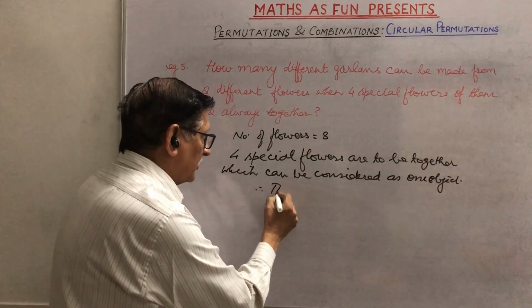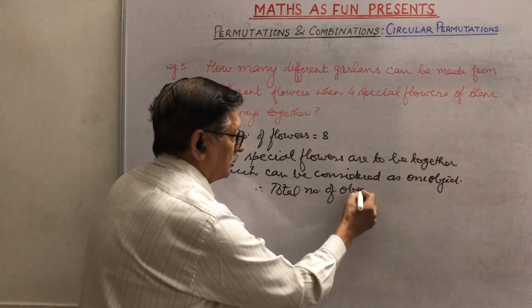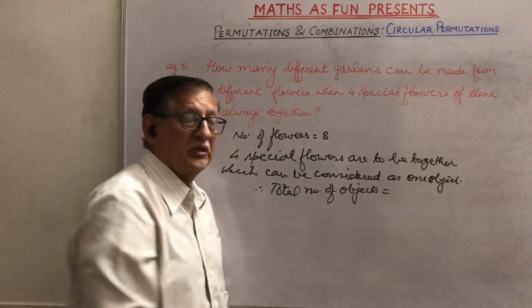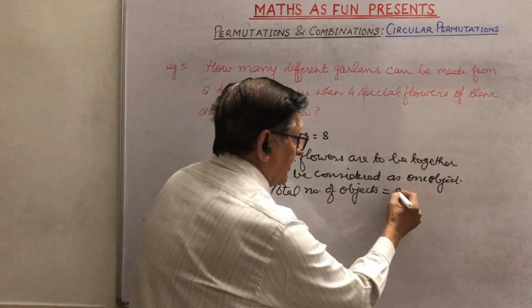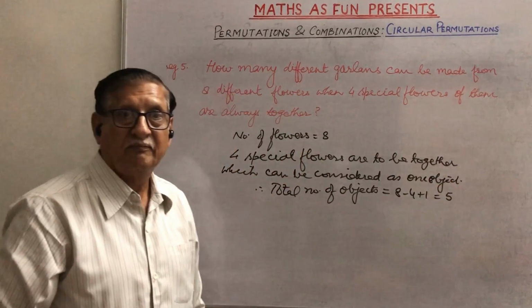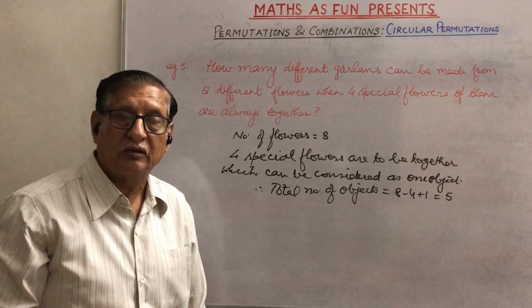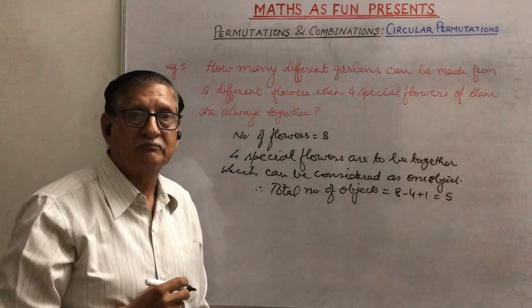Therefore, total number of objects will be how many? That will be 8 minus 4 plus 1, that is equal to 5. Now these 5 are to be arranged in circular order and we have to make the garland of them.